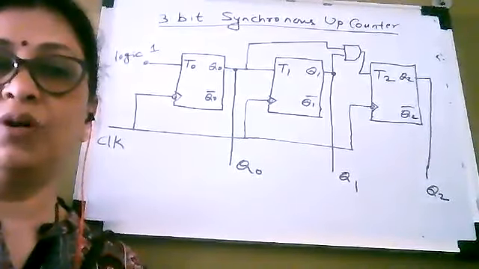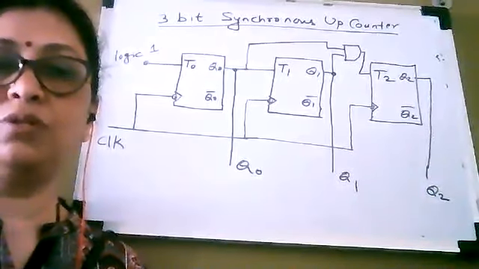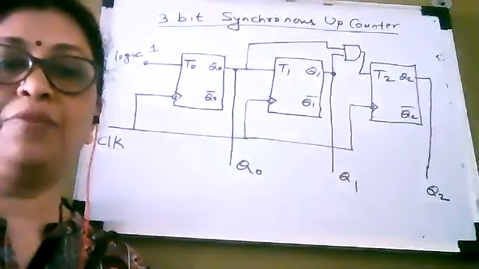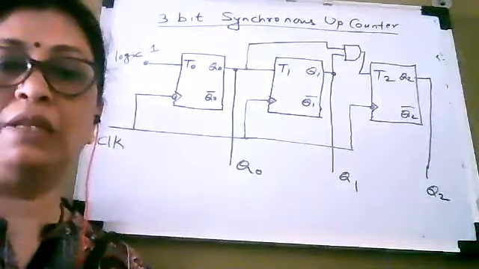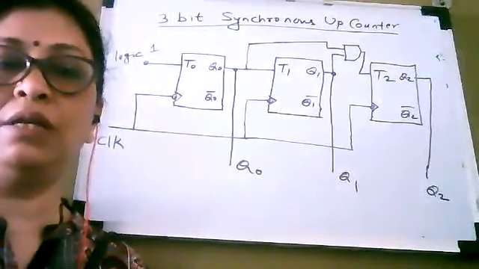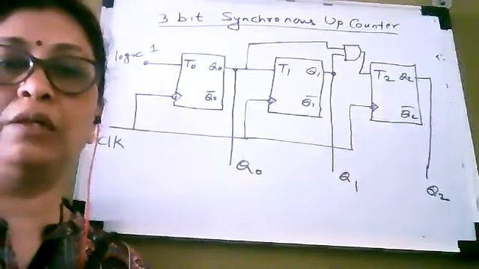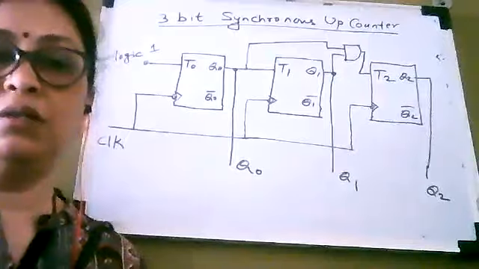So that means whenever both the outputs of flip-flop number 1 and flip-flop number 2 are 1, then and only then T2 will be equal to 1, otherwise it will not be.